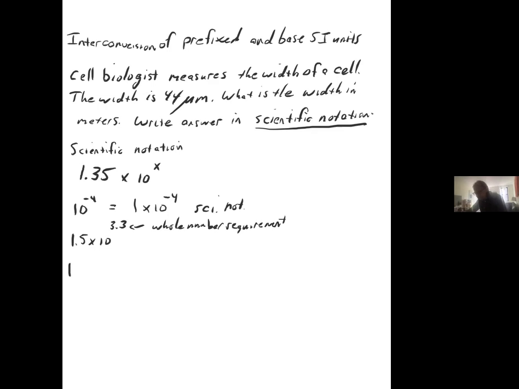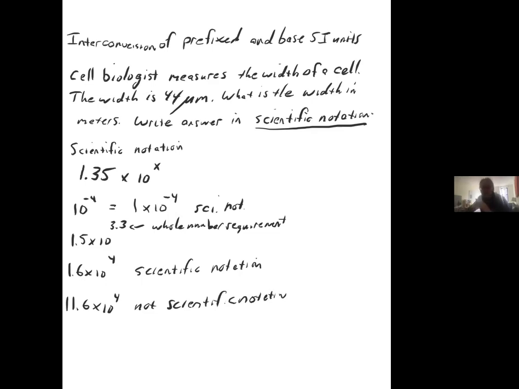So if I had 1.6 times 10 to the 4, that would be scientific notation, okay? If I had the number 11.6 times 10 to the 4, this would not be scientific notation. It's almost scientific notation, but it's not quite there. And the reason is this number in front of the decimal has to be between 1 and 9.